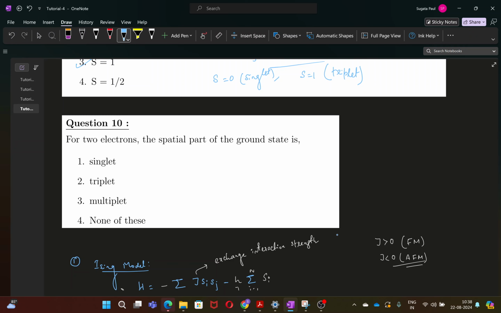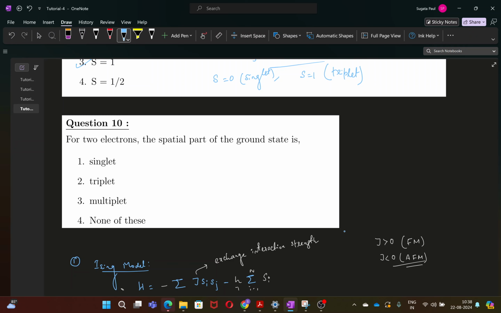So the entire wave function for the electrons has to be antisymmetric, because that is the rule of quantum mechanics related to exchange symmetry. The total wave function has two parts, the spatial part and the spin part.